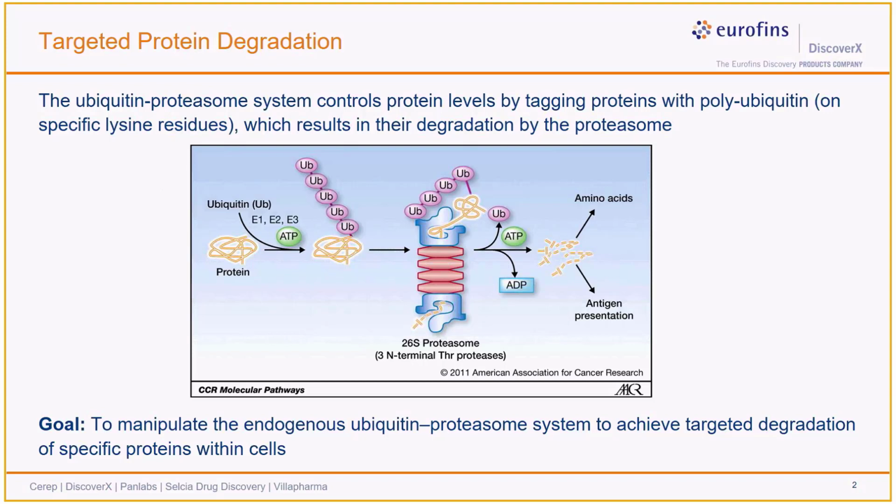The ubiquitin proteasome system controls proteins by tagging them with polyubiquitins on specific lysine residues. Consequently, those ubiquitinated proteins are degraded by proteasomes. For therapeutic perspectives, the goal is to manipulate the endogenous ubiquitin proteasome system to achieve targeted protein degradation within the cells.